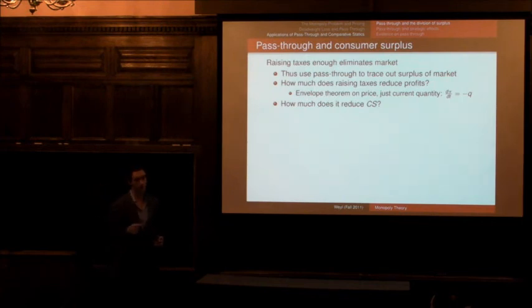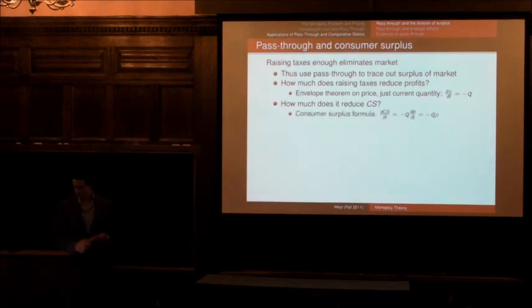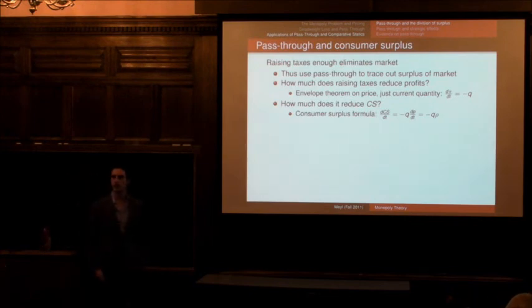So the amount that consumer surplus falls is how much the price rises, for every unit of tax, times the quantity, which is exactly the negative of the quantity times the pass-through rate.